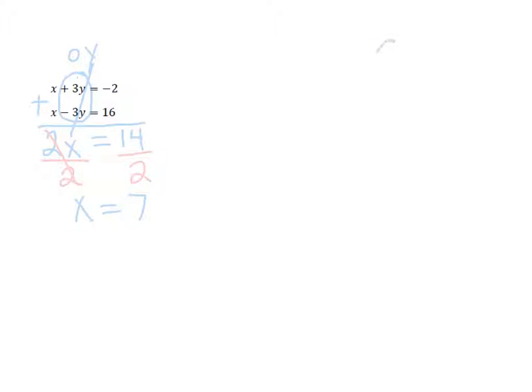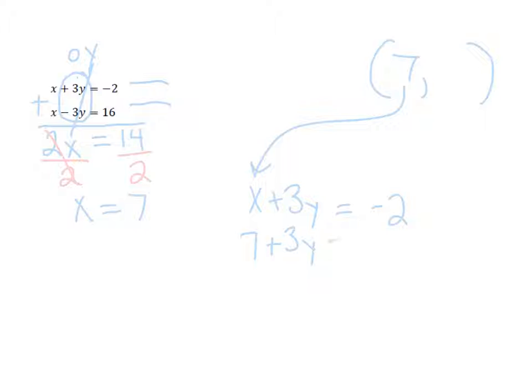Of course, when we're solving, we need an x and a y variable because we have a system. We're finding the intersection point. So I need to take one of my beginning equations, either the top or the bottom, and plug my x in. Since the top one looks a little nicer to me, I'm going to use that one. So I have x plus 3y equals negative 2. I'm going to take that 7 and plug it in for x. So 7 plus 3y equals negative 2.